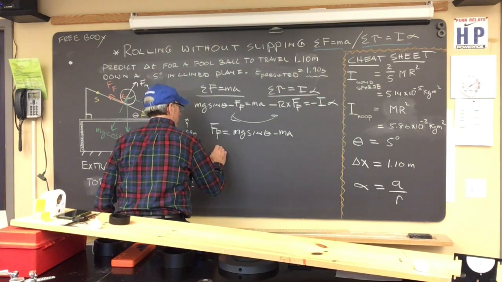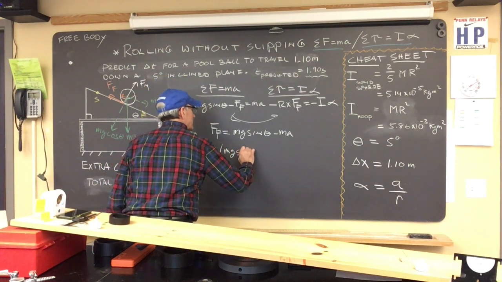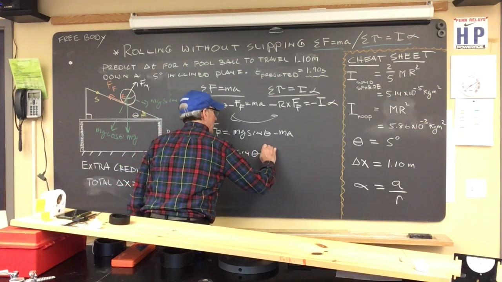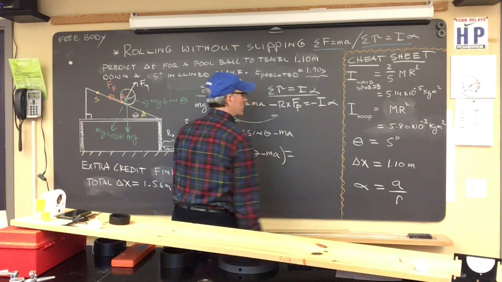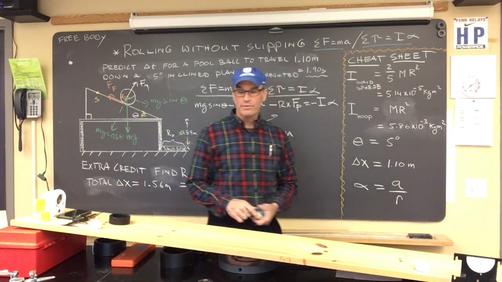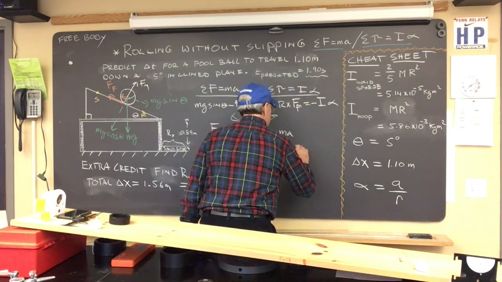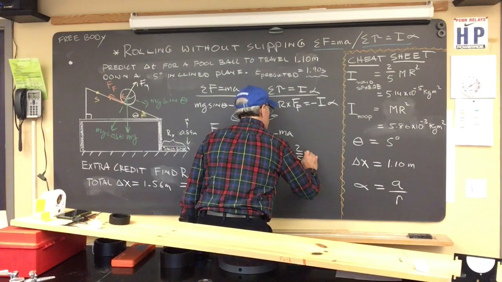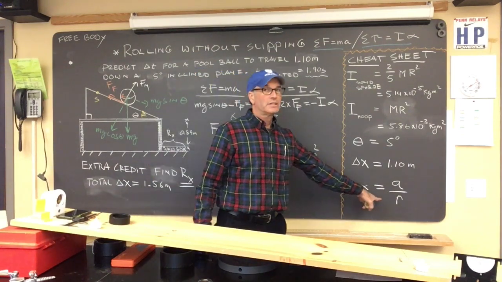So we have r times mg sine theta minus ma is equal to I alpha. Now, at this point, I'm going to substitute what I is. Okay, I for a solid sphere is 2/5 m r squared, and alpha is a over r.